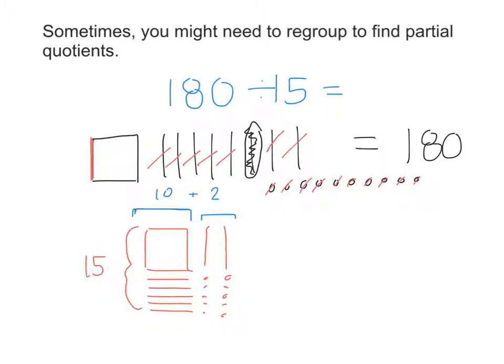If I have 10 columns of 15 over here and 2 columns of 15 over here, how many columns of 15 do I have all together? Daniel? 12. So therefore, we know that if I have 180 and I divide them into columns of 15, my answer will be 12. Does that make sense? Very good.